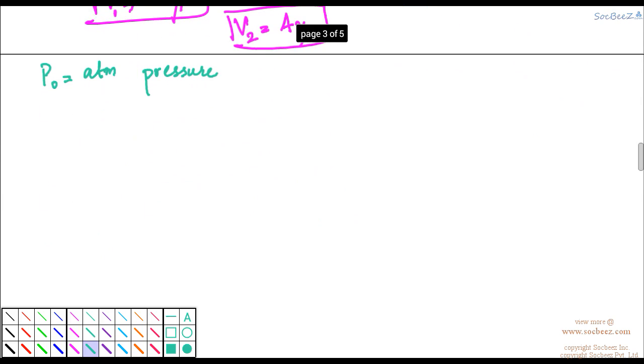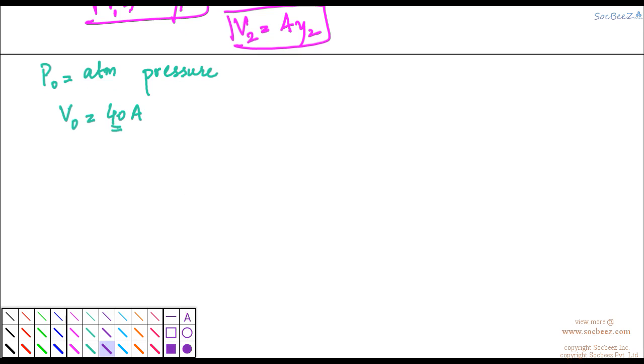So the mercury column was balancing it. P naught was the atmospheric pressure, and V naught was given to us as 40 into A, because 40 was the length of the horizontal air column. Now when it was tilted in the vertical direction, the forces would have got balanced.